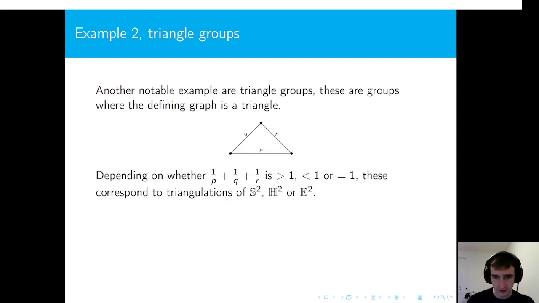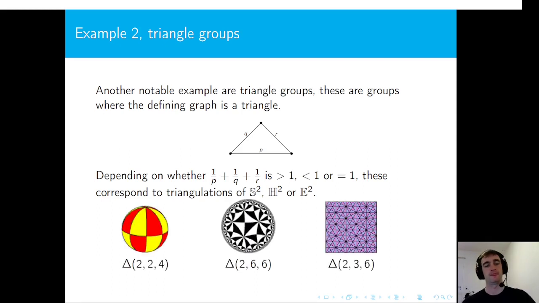And since this is a great opportunity to include some pictures, here are some triangulations of the respective spaces and the corresponding triangle groups. And if you think about this, or if you're familiar with this, if you look at this vertex here, where there are 4 triangles glued together, this corresponds to commutation in the triangle group.